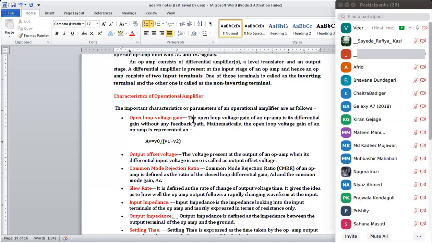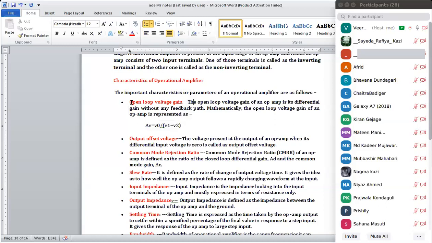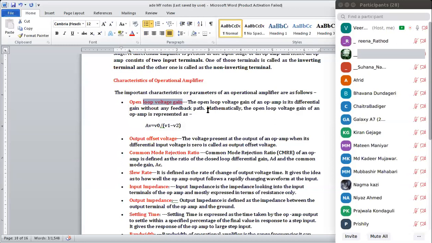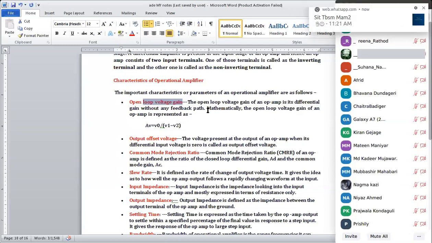So here a few characteristics are listed out with their definitions. Just look at the open loop voltage gain. It means the output voltage gain of an op-amp is a differential gain, that is without any feedback connected in the circuit.